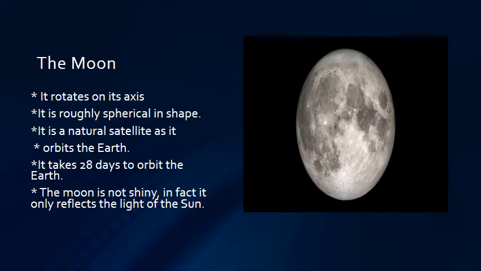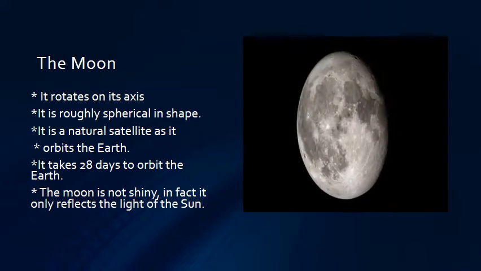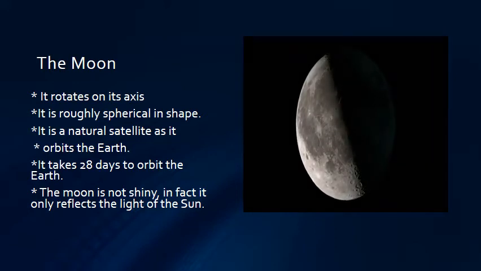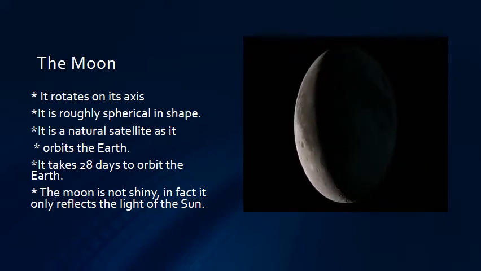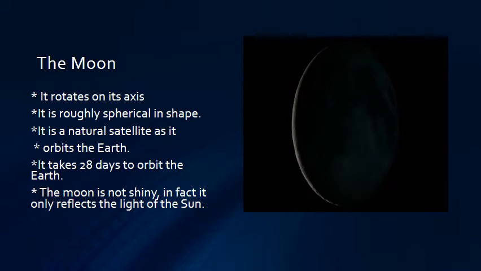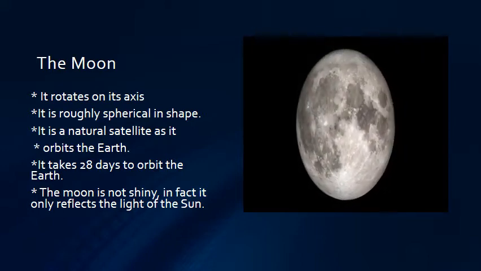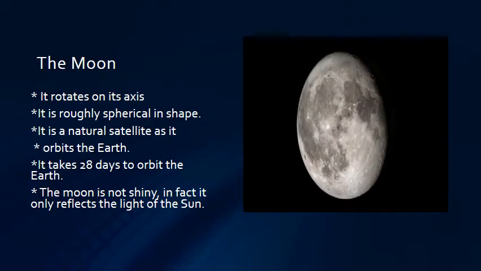That's why we feel like the moon changes its shape. It actually does not change its shape. It just moves from a place where it can reflect the sunlight into a place where it's shade, or it's away from the sunlight so that it cannot reflect it.